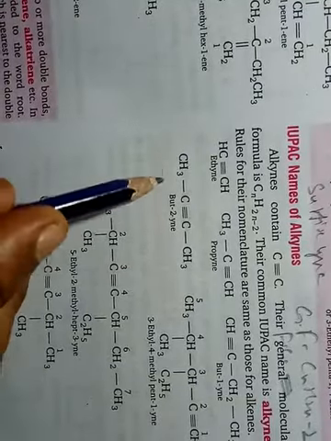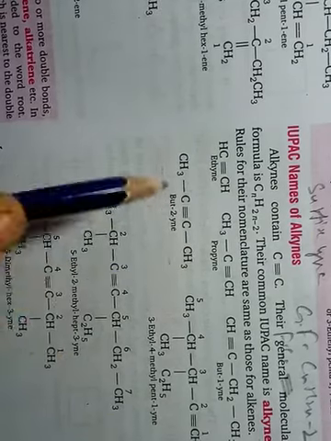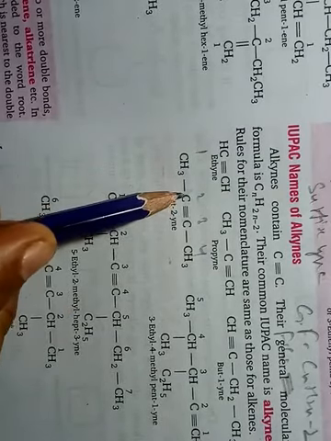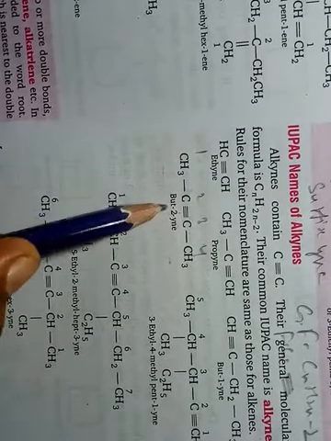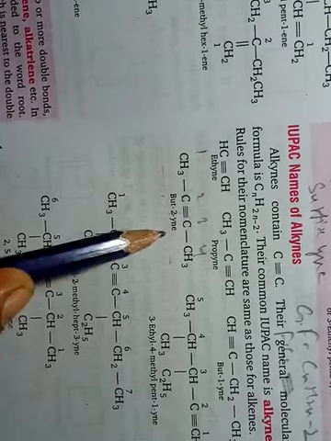So this is the first example. We can start numbering from any side. 1, 2, 3, 4. So the second carbon has the triple bond. So total number of carbons is 4, but-2-yne. Suffix is -yne.